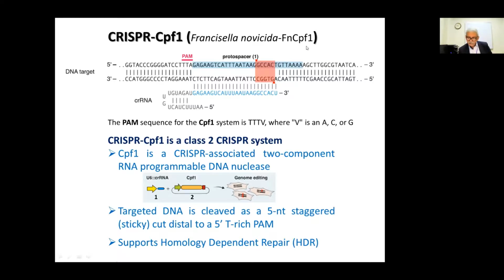Class 2. Okay, this is a class 2 system. But Cas9 is a different protein. CPF1 is a different protein. But both of them, either Cas9 or CPF1, they recognize a PAM site and they cut the double-stranded DNA when it is a native enzyme, whether Cas9 or CPF1. What is the difference between Cas9 and CPF1?